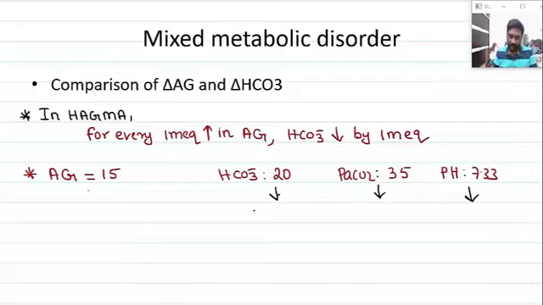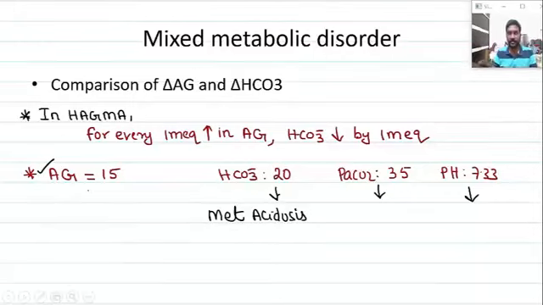Any decrease in pH, it is acidosis. Change in pH with respect to parameter, same direction. So no doubt it is metabolic acidosis. So there is high anion gap. So if you take normal anion gap, 8 to 12 is the range. Reference value is 10. So this is high, 15 is high.